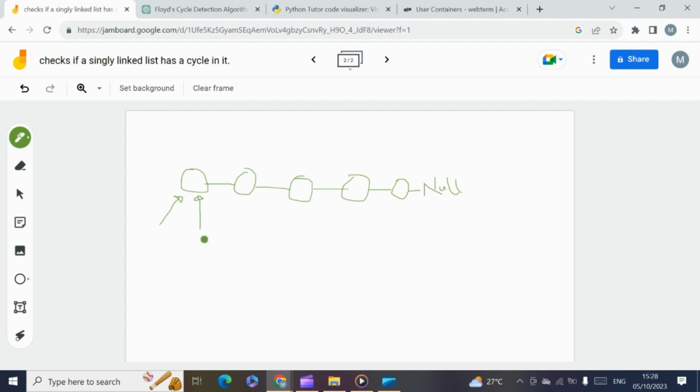So let's say this is our hare, and then this is the tortoise.